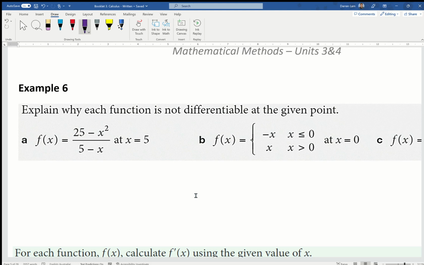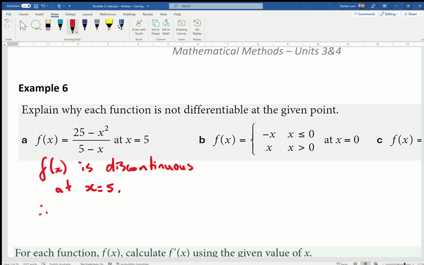The function f of x is discontinuous at x equals 5, therefore not differentiable. Pretty straightforward. If it's not continuous, it can't be differentiable.